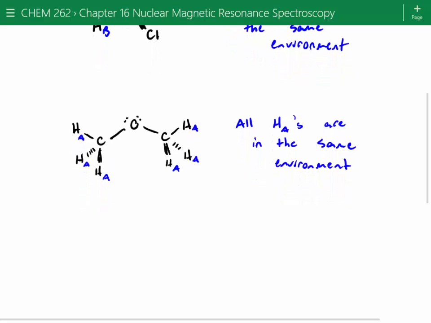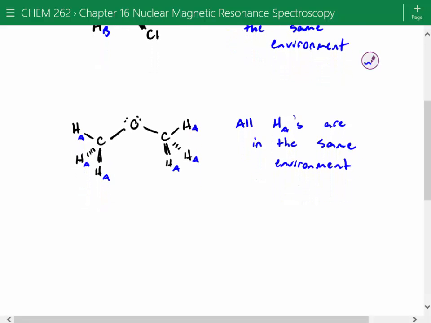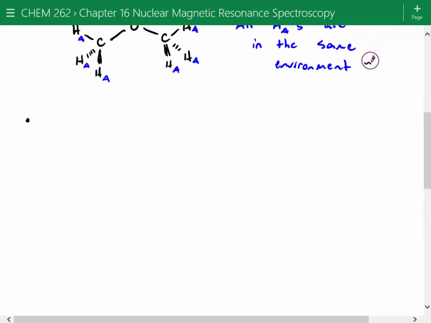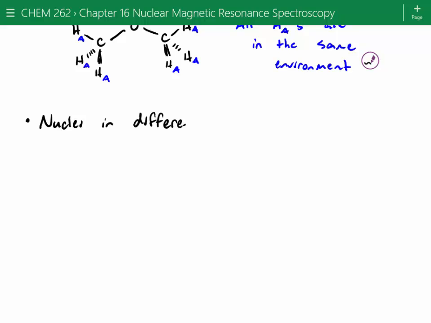All right, let's quickly mention the obvious thing is that if nuclei are in a different chemical environment, they have different chemical or resonance frequencies. What was resonance frequency again?